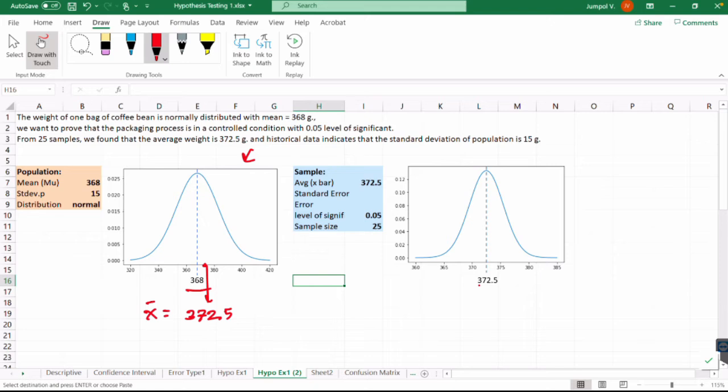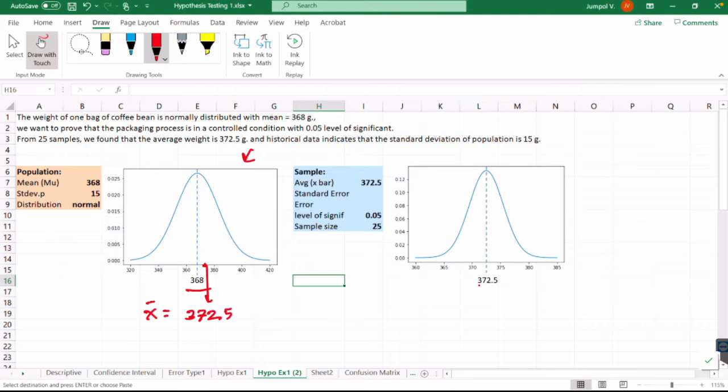But just like I told you earlier, to make it easy, we can just use the t distribution, no matter what the distribution of our population is. Okay, so now the graph looks like this.